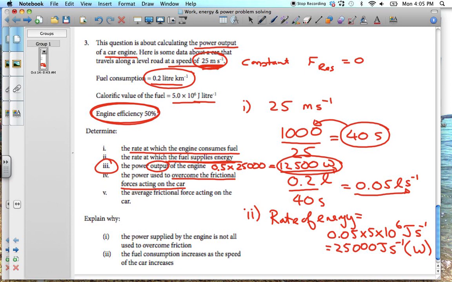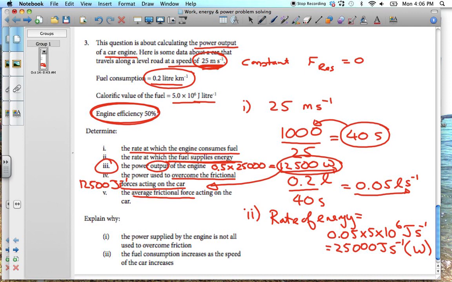It's just going at a constant speed. So all of this energy would be used for that. So you would get 12,500 joules per second.